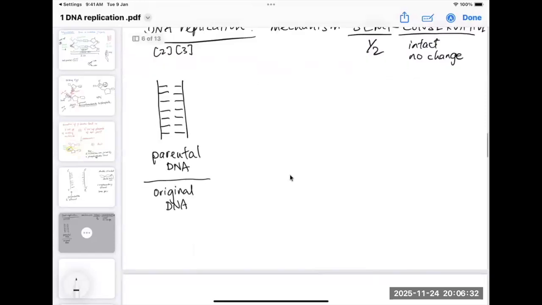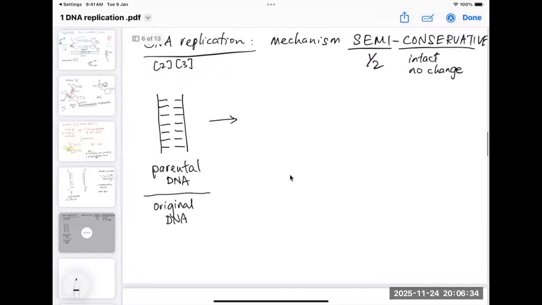So this is how it first started. Then, what does it do? I draw this at first and then the next one, two straight strands like that. What are they trying to show here?